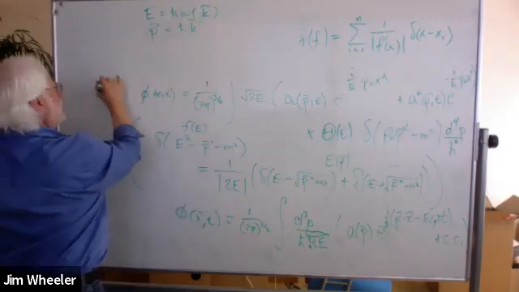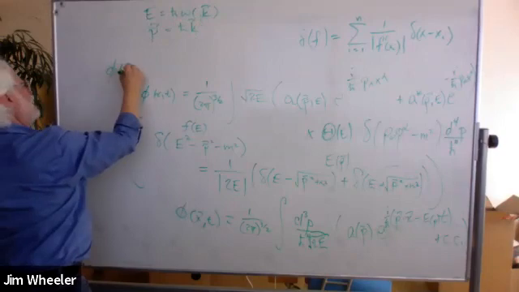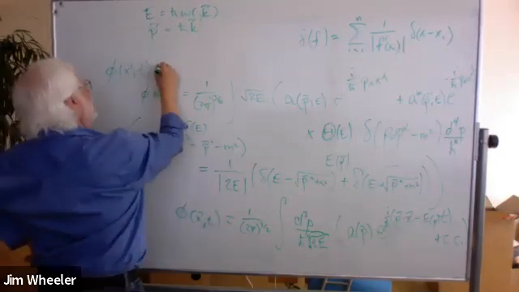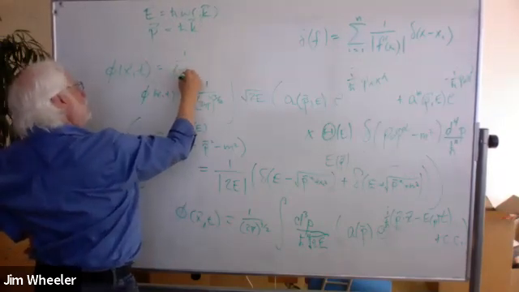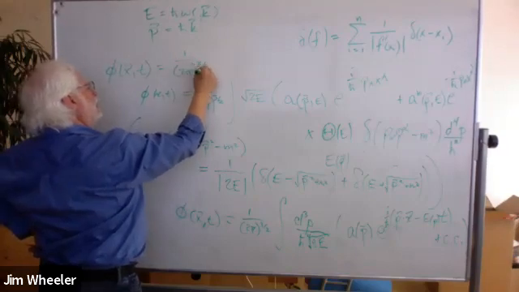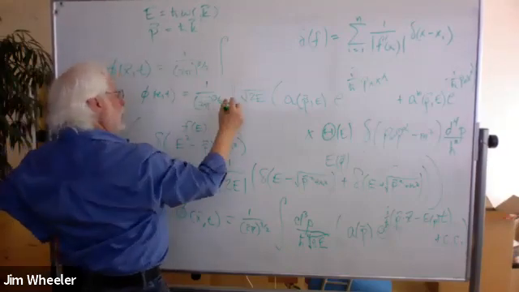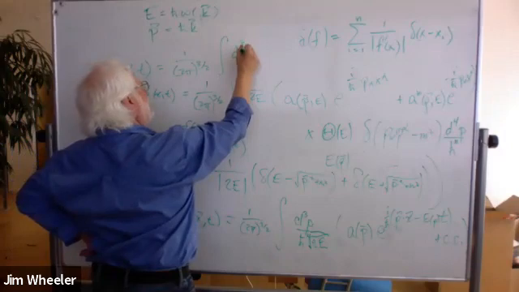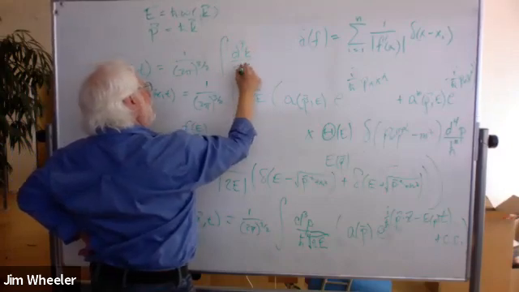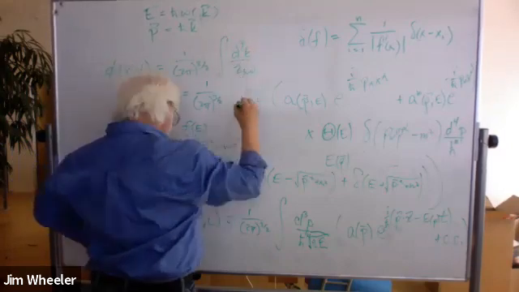So I can write this as phi of x and t, 1 over 2 pi. So this really ends up being a very tidy Fourier expansion.